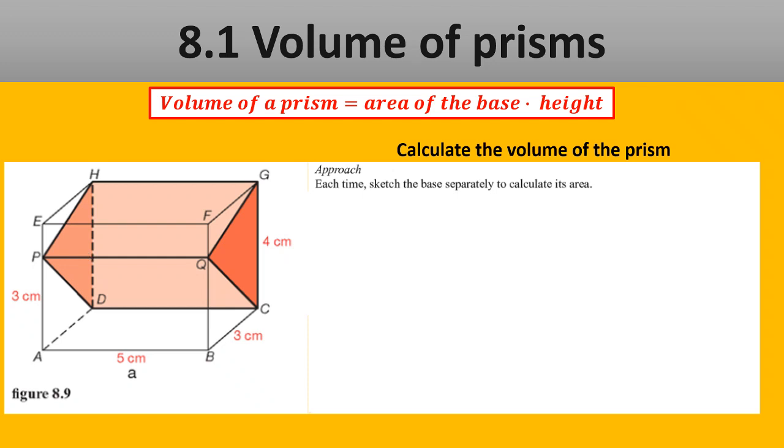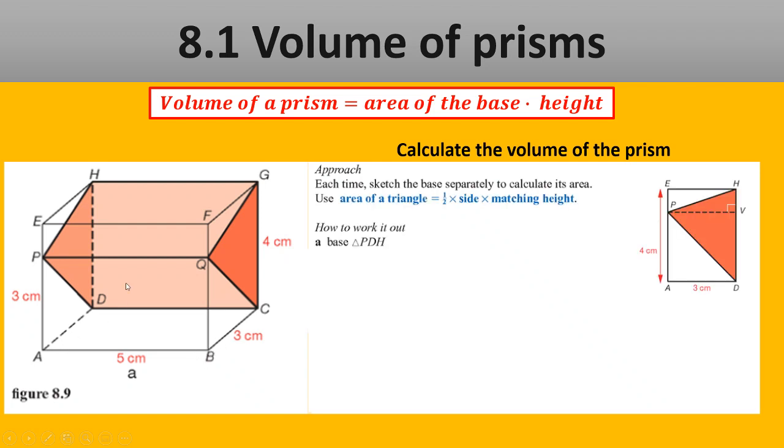Please, if you have something like this, give a sketch of the base. So for example, here I would sketch, let's see what the book does. They use ADHE. You could also have used BCGF. They use the same dimensions. They sketch it because this gives me a lot better view of what I have to do.